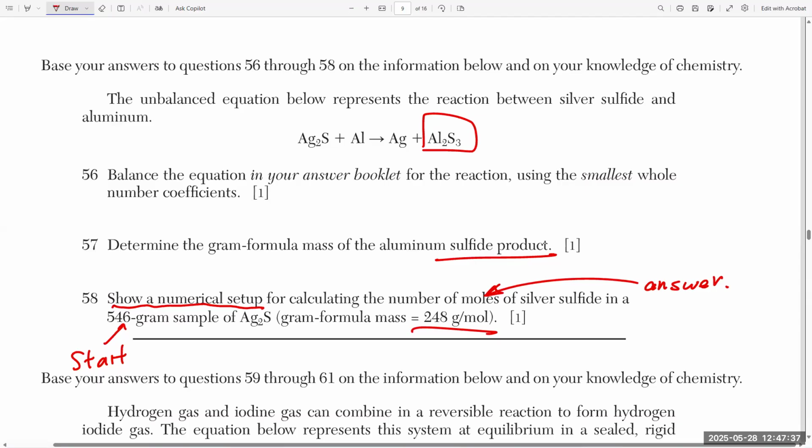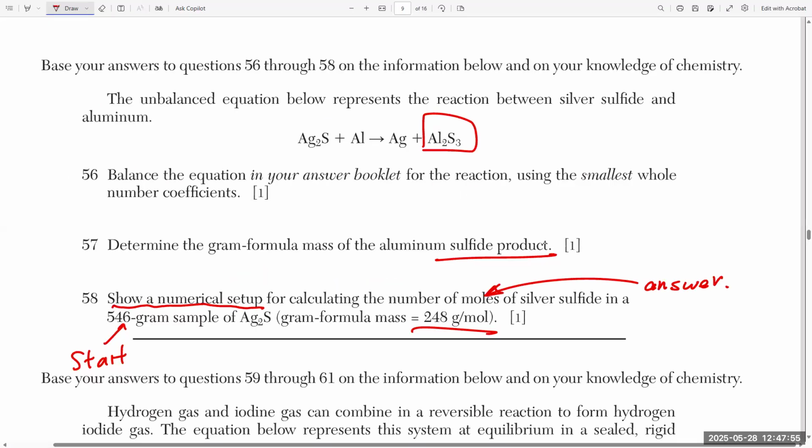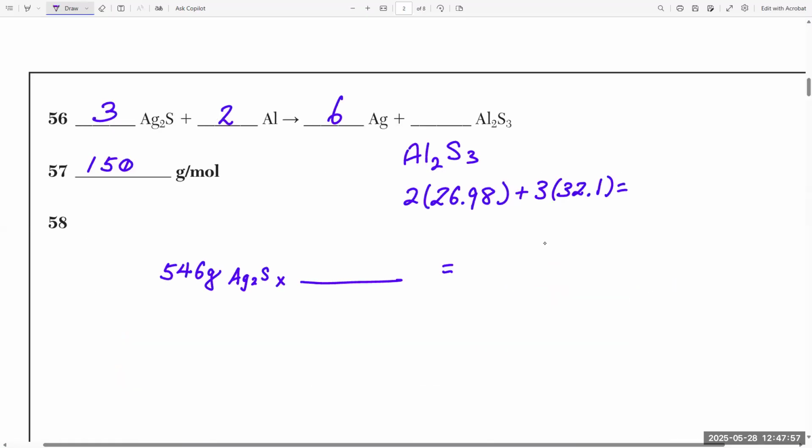So we start with our 546 grams of our Ag2S. And then put a fraction bar. In the end, we want moles of silver sulfide, right? So what do we know?